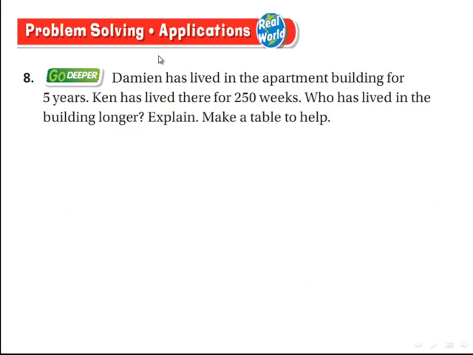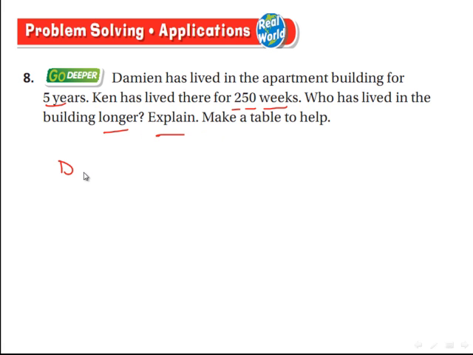Problem solving or applications. Go deeper. Damien has lived in the apartment building for 5 years. Ken has lived there for 250 weeks. Who has lived in the building longer? Explain your answer. I have two persons.